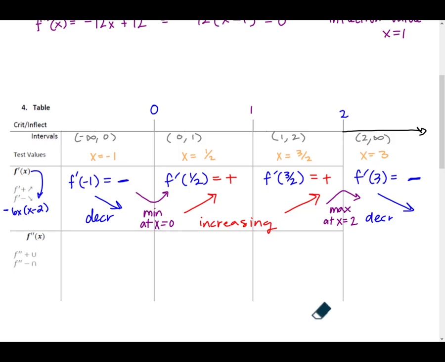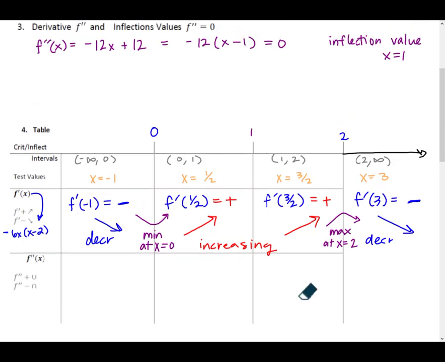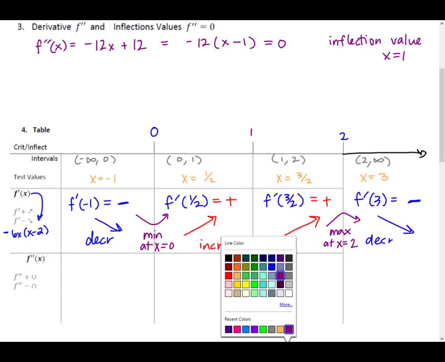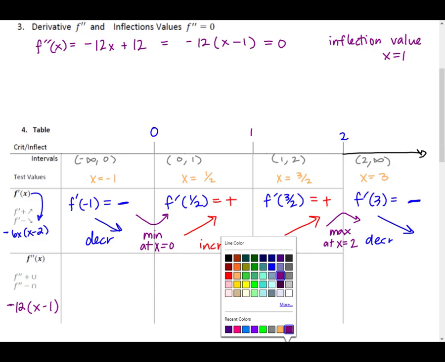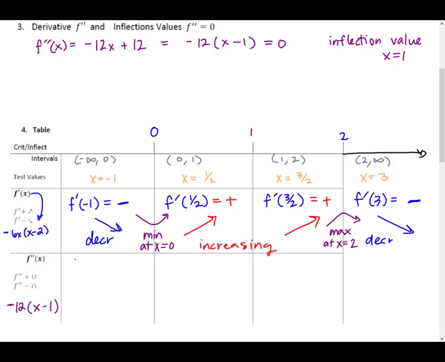All right, now let's talk about our second derivative here. Our second derivative we said was negative 12 times x minus 1. So we're going to employ that same positive negative logic. So f double prime of negative 1. Well, it's always going to be a negative 12 in front, right? A negative in front.